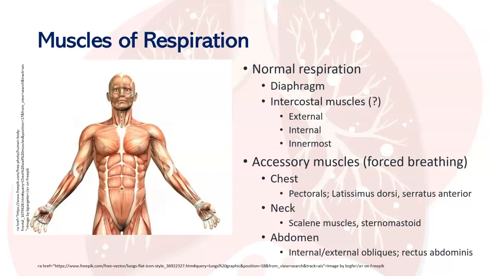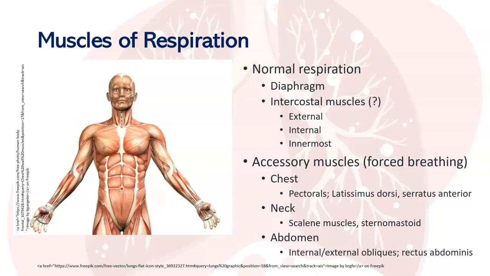In patients who are short of breath, or in situations where we are trying to maximally increase our minute volume, so increase the volume of air moving in and out of the lung, accessory muscles may be used. These include chest muscles, such as the pectoralis major and minor, latissimus dorsi and serratus anterior, all of which apply a force to the ribs that cause them to move upwards and outwards, thus increasing the chest wall.